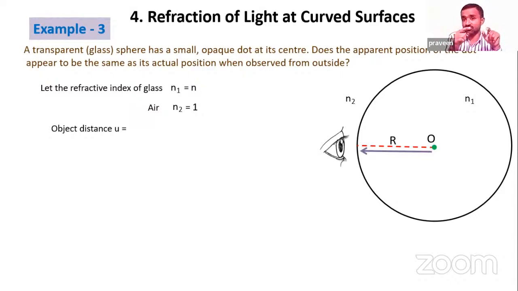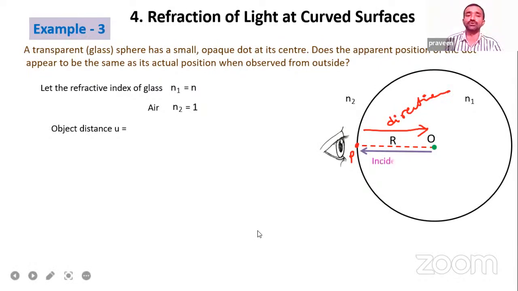Here I am measuring from the pole to the object, opposite to the incident light ray. The incident light ray is on the left side, and the measuring direction is towards the right side. So that's why I am giving that the object distance is negative. Object distance is always negative. u is equal to minus r.